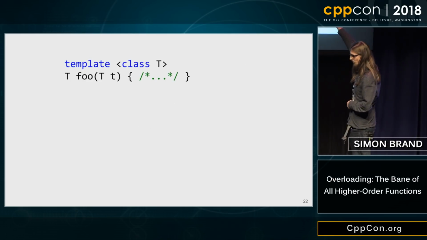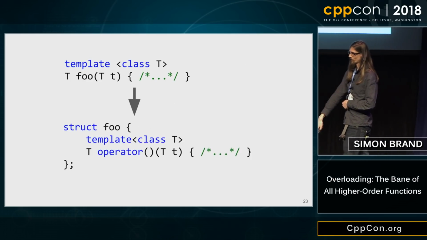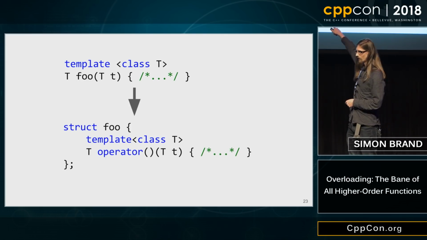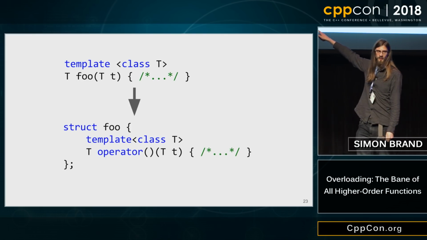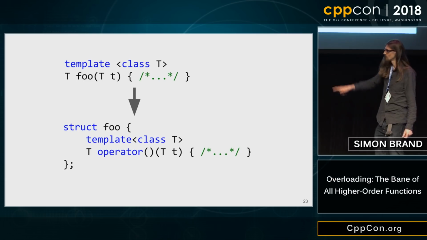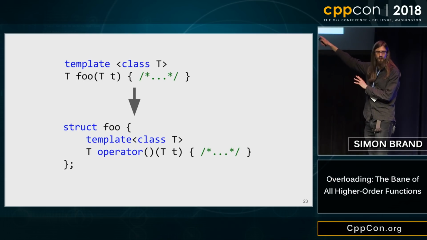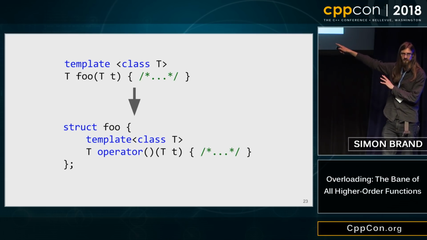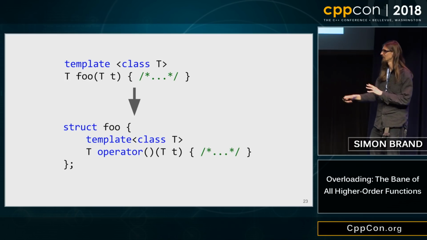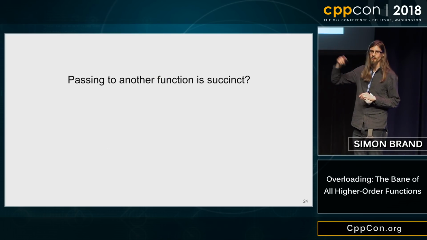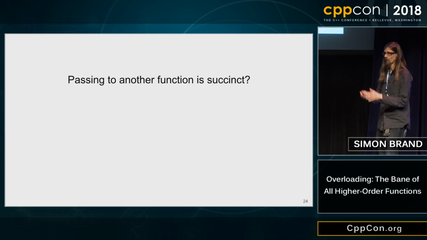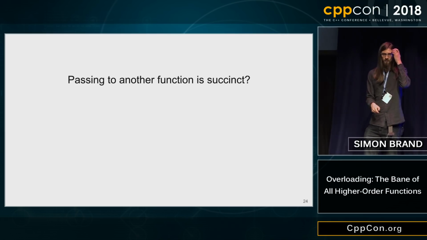We'll take our function template, we'll make it a function object with a templated call operator, okay? Is everyone familiar with how this works? Yep, nods. Okay, so let's look at our criteria again. So we pass this to another function.